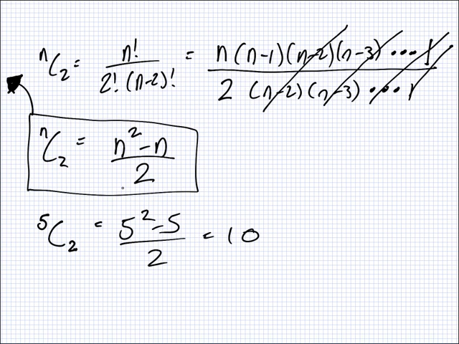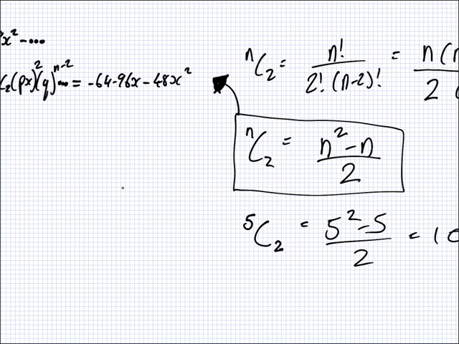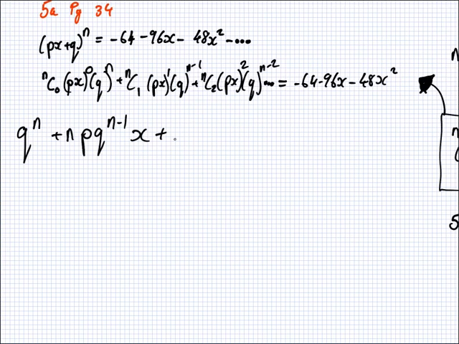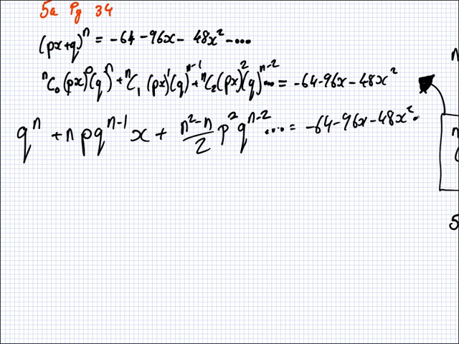Okay, can we go back to the main question? So that's n squared minus n over 2. p squared q^(n-2) equals -64 - 96x - 48x squared. Now you can compare.